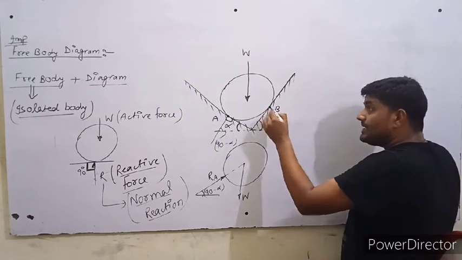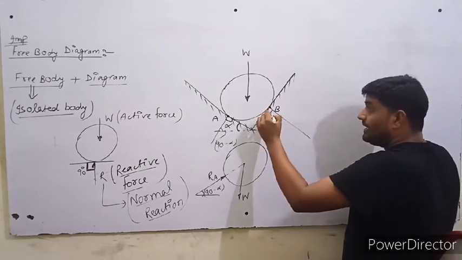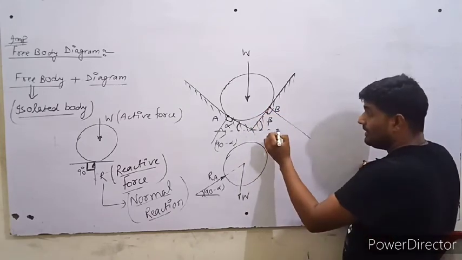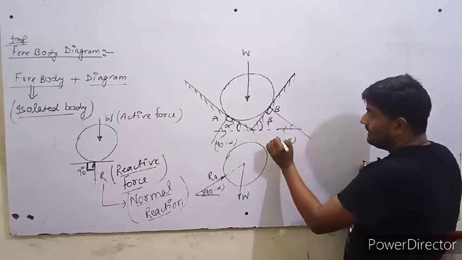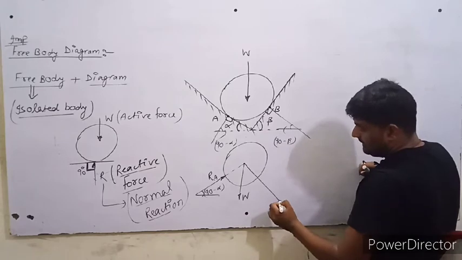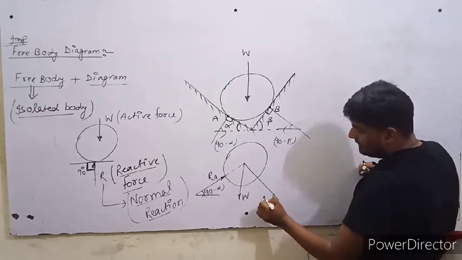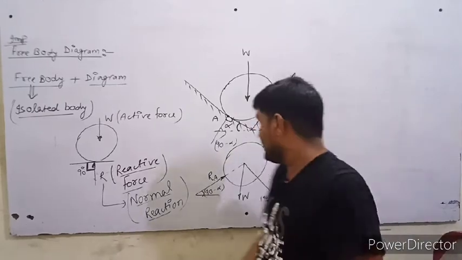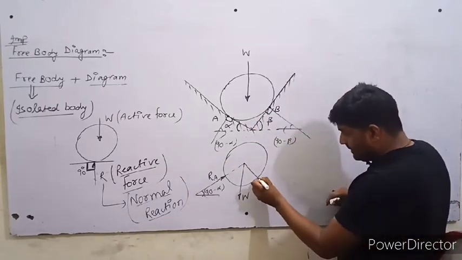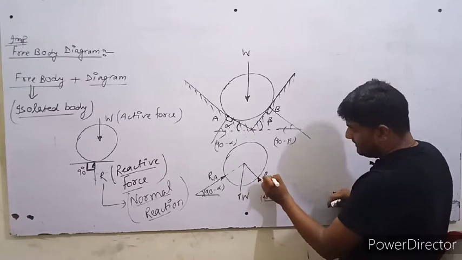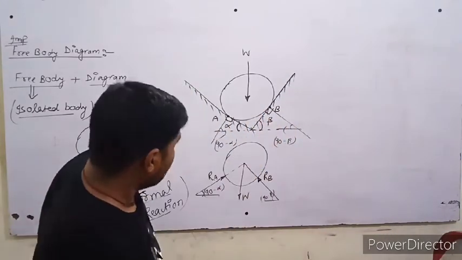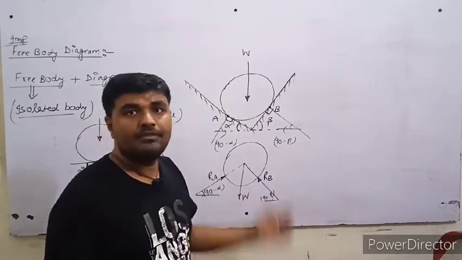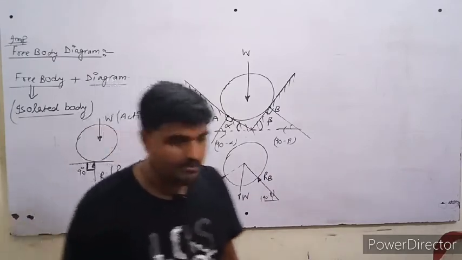Again, if I remove this support, this reaction will be normal. If this angle is beta, this angle will be 90 minus beta. This reaction is Rb. So students, this is the basic approach to drawing the free body diagram of a rigid body.